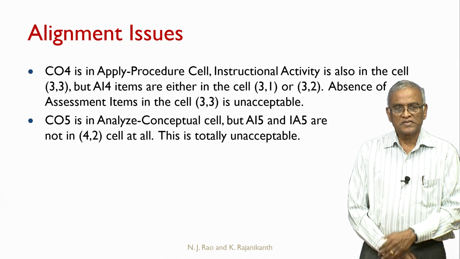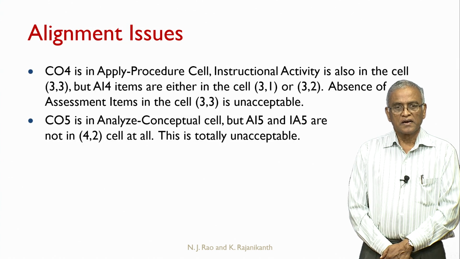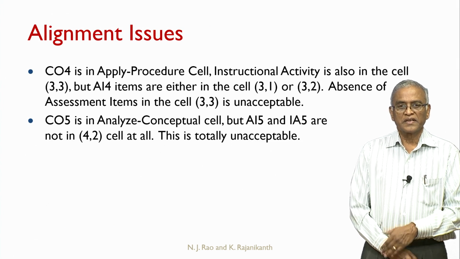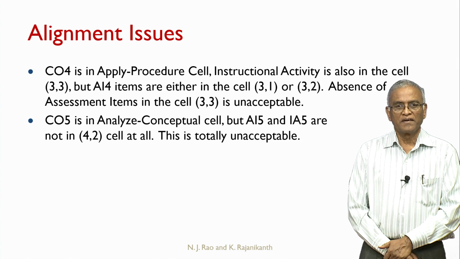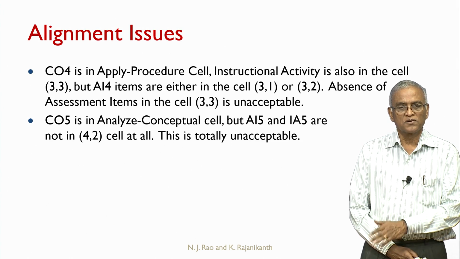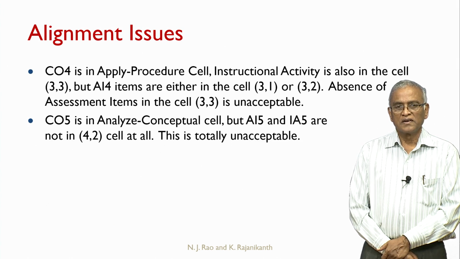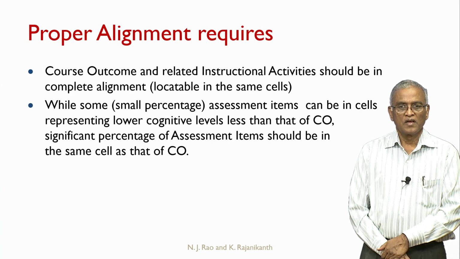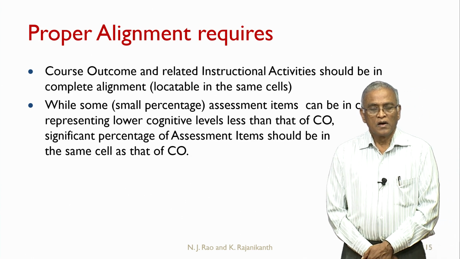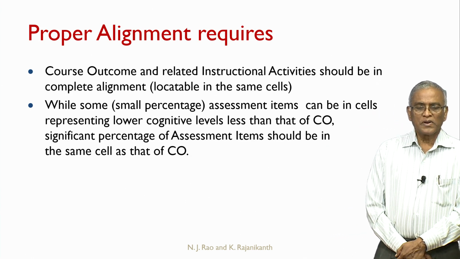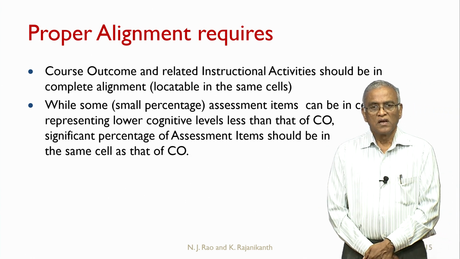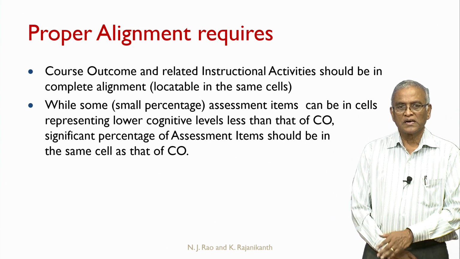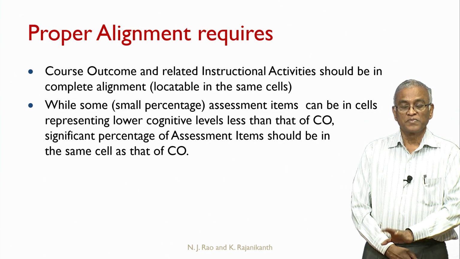This is what we have just explained, like CO5 is an analyze conceptual cell, but AI5 and IA5 are not in the 4, 2 cell, and this is totally unacceptable. Proper alignment requires that course outcome and related instructional activities should be in complete alignment, at least that much should be done.